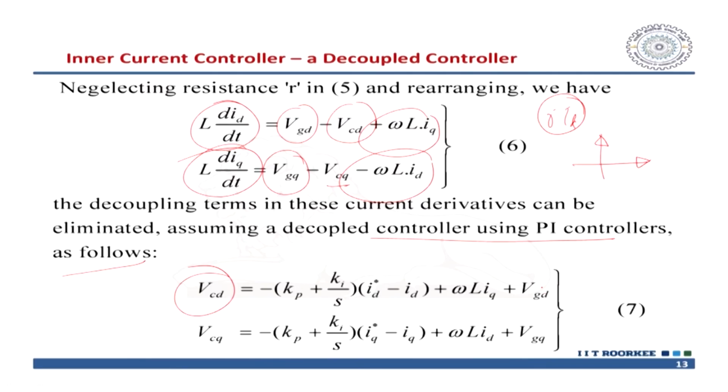Similarly, Vcq equals minus Kp plus Ki by S, Iq minus Iq star, minus Iq plus omega L Id, plus Vgq. So you get both terms, and you can see how you can segregate these terms in our next slide.